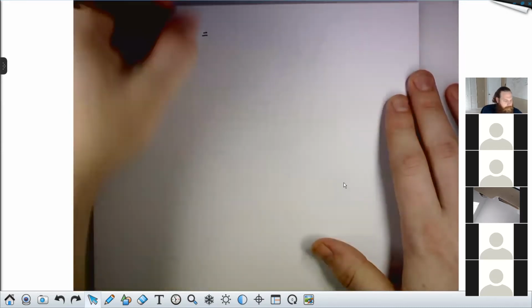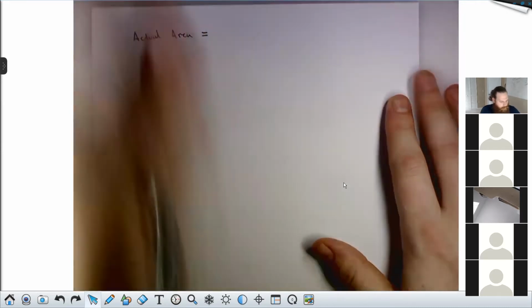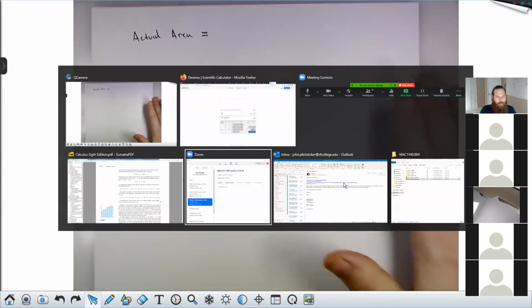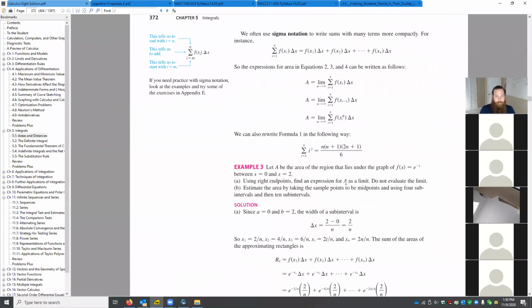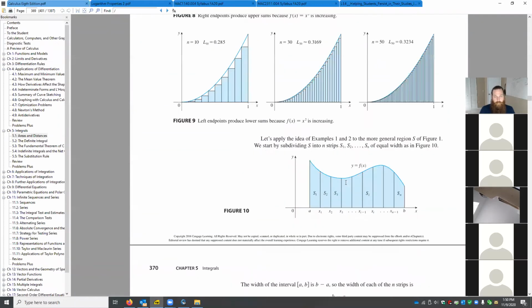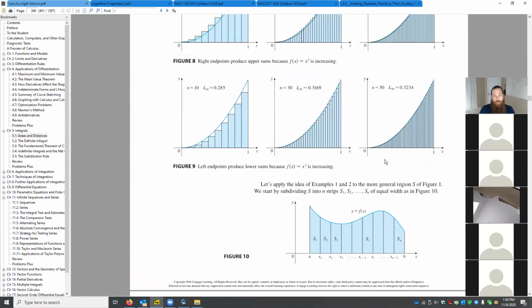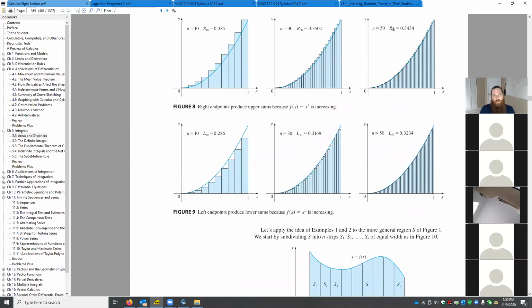I want to use infinitely many rectangles. You can think about the area under the curve as really being infinitely many rectangles. Let's come back here. The larger n gets, the better this approximation gets. So this approximation will become exact as n goes to infinity.